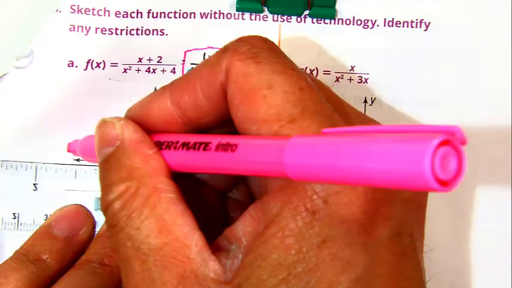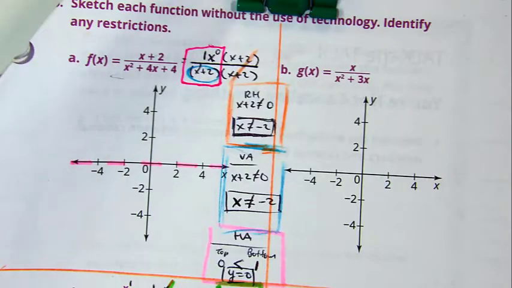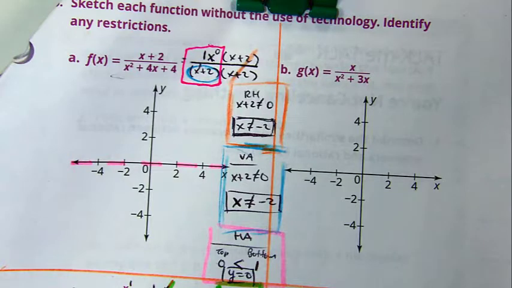And then I have a vertical asymptote at -2. And then I have a removable hole also at -2.